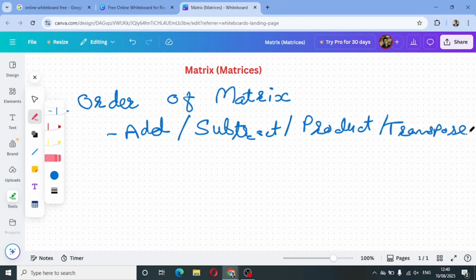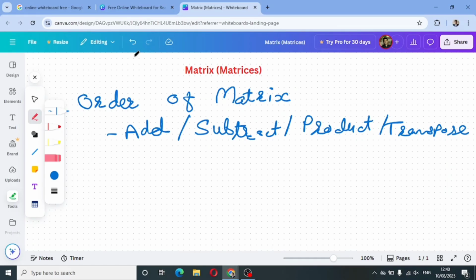These are the different operations which you can perform on matrices. While performing these operations, you have to follow the order. So what is order of matrices, that we will learn in today's session.